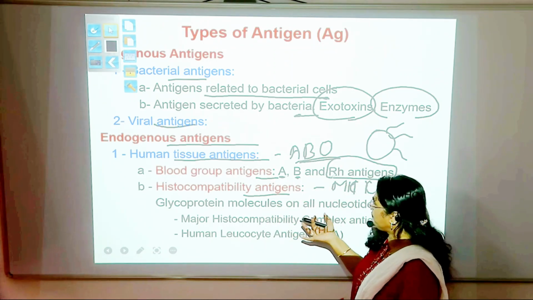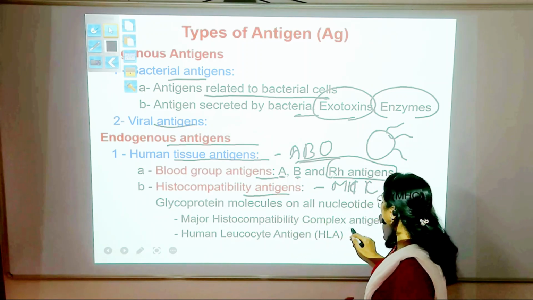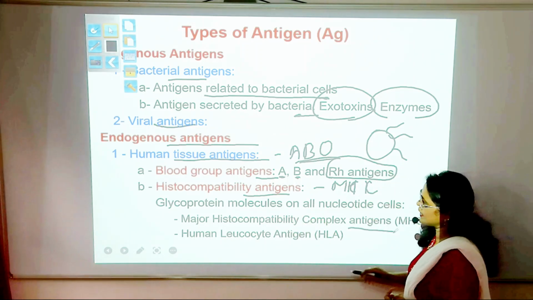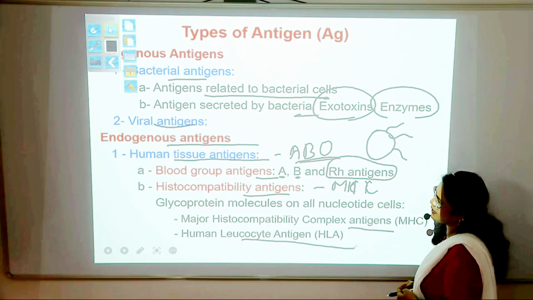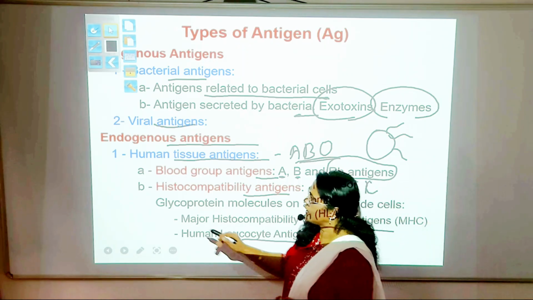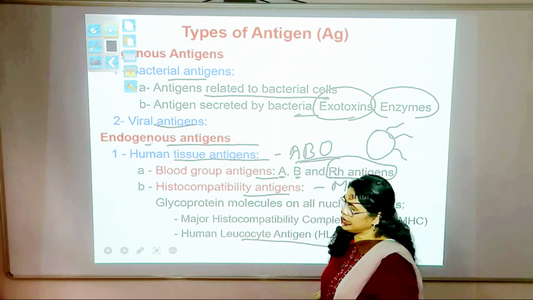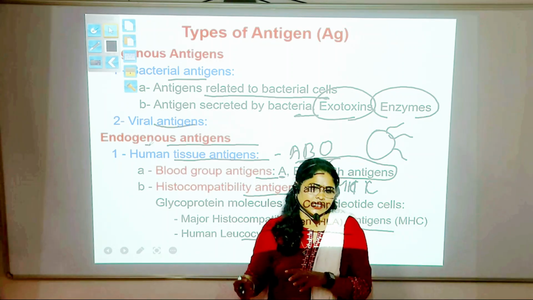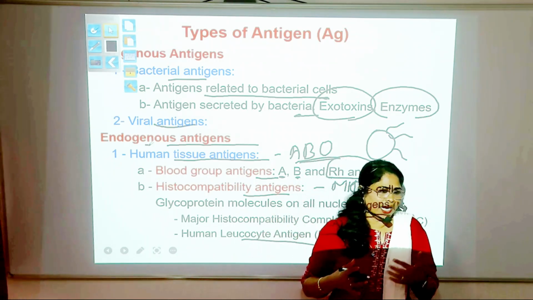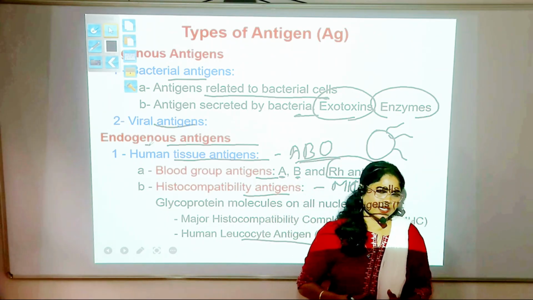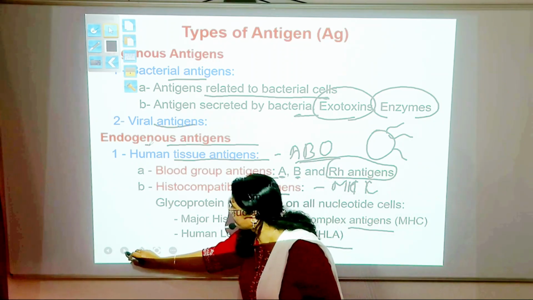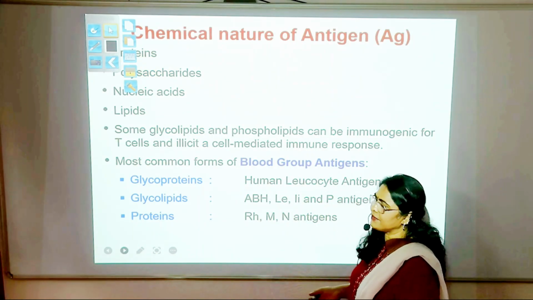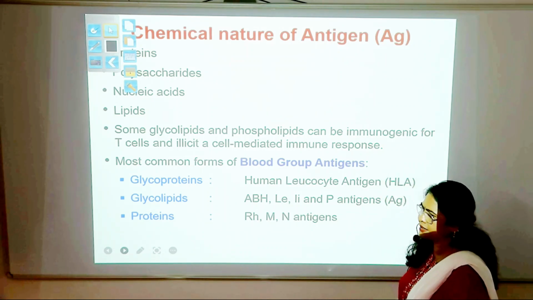Histocompatibility antigen, as I told you, is MHC. And then the human leukocyte antigen, that is HLA antigen, may also come under endogenous antigen. So exogenous antigens come from outside, while endogenous antigens are there in the body, and for others they will behave as an antigen.